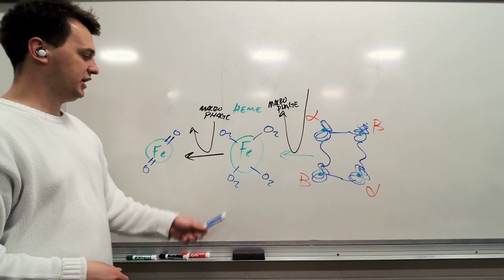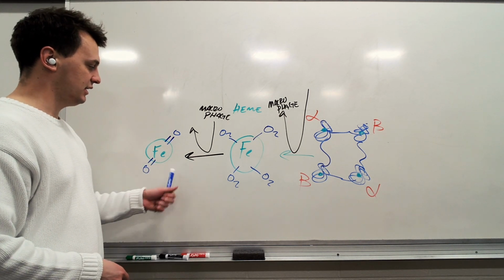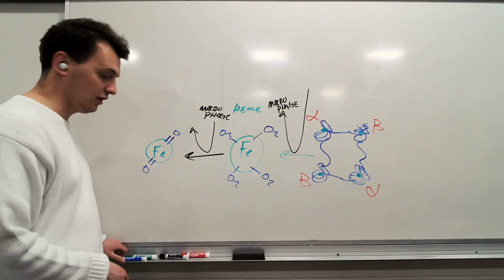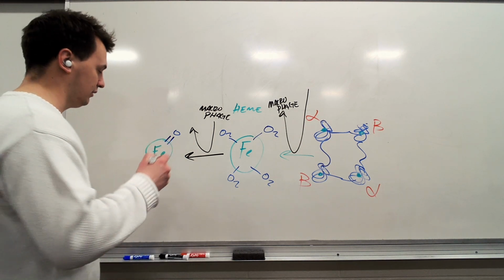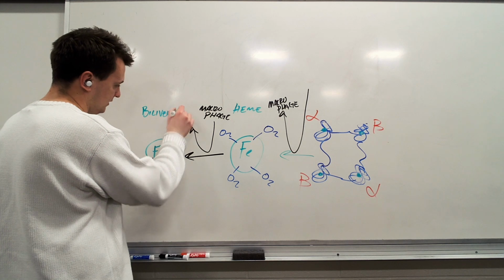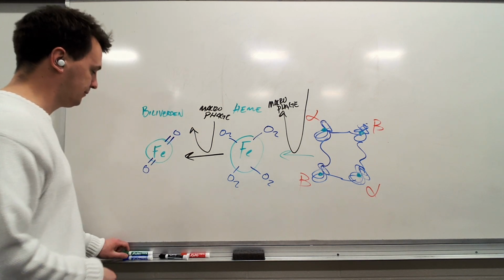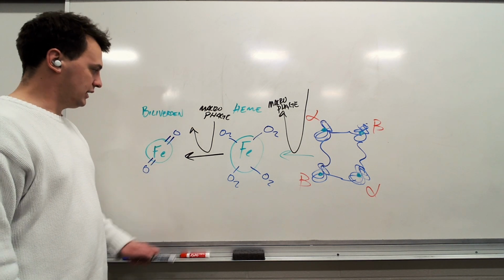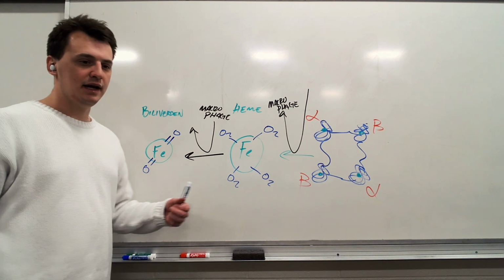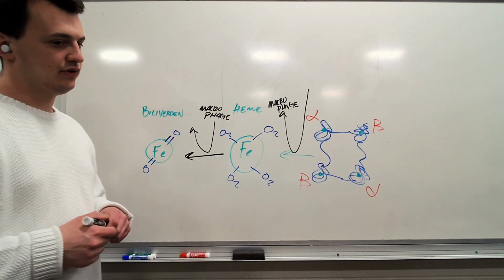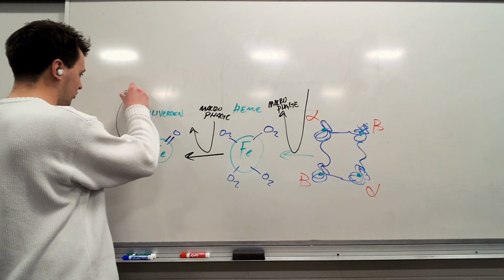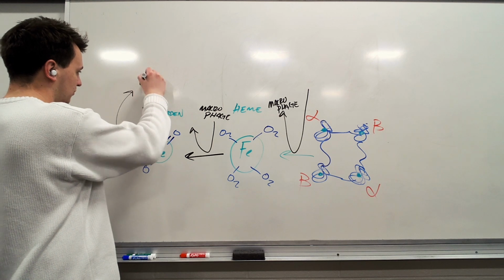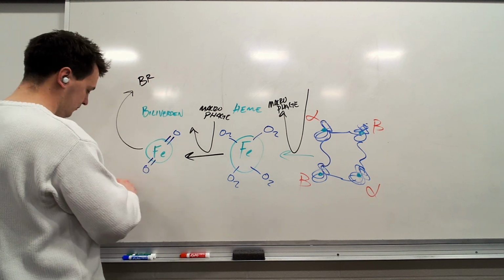And so as it conjugates itself and double bonds with these oxygen, it becomes a different molecule. And this molecule is called biliverdin. Hence the reason why I'm using green, verdin. And as biliverdin is created, biliverdin turns into bilirubin, which I'll just call BR for now.